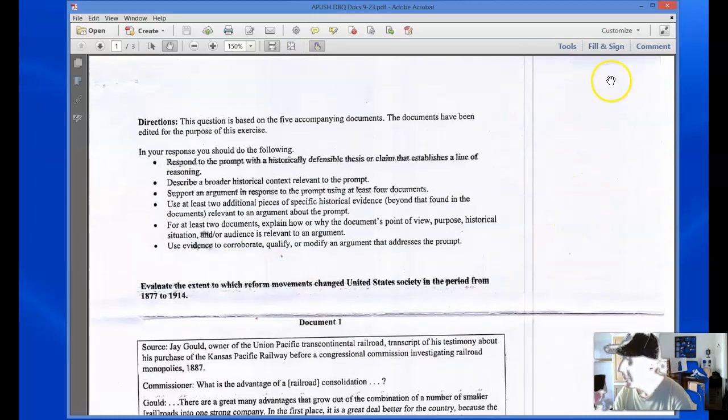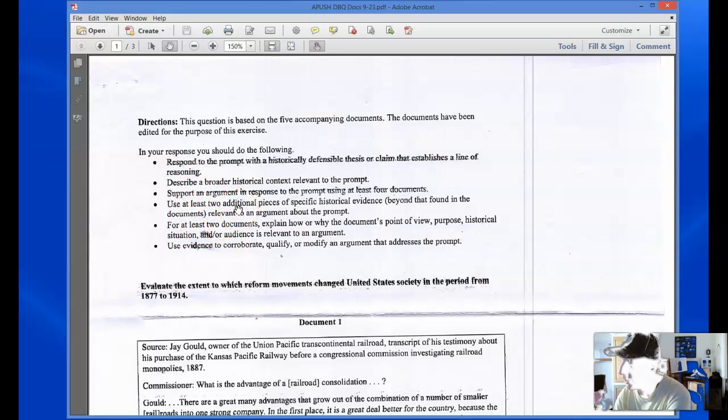Then you're going to be graded on how many of these documents you use and how well you use them. Here you see it says, explain how or why the document's point of view, purpose, historical situation, and or audience is relevant to the argument. So it's giving you exactly things that you're supposed to be looking for.